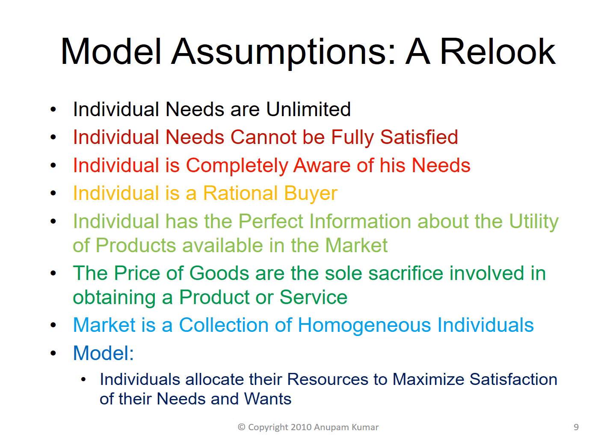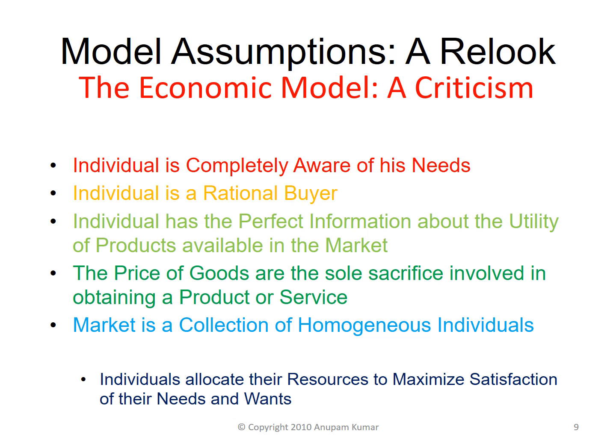If we look at these assumptions, there are certain specific objections which can be put forth. For example, is the individual always completely aware of his needs? In the last example, we saw that though we defined food as the need, maintenance of the reputation was also a need.